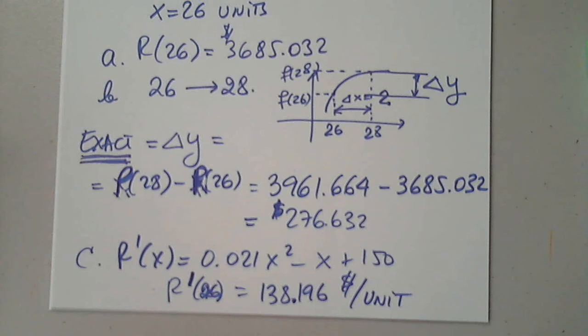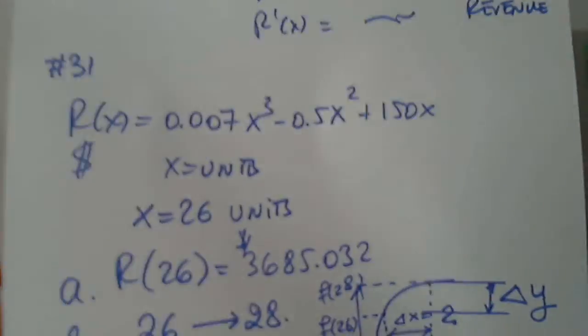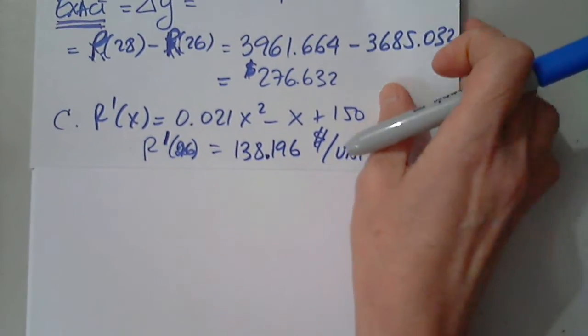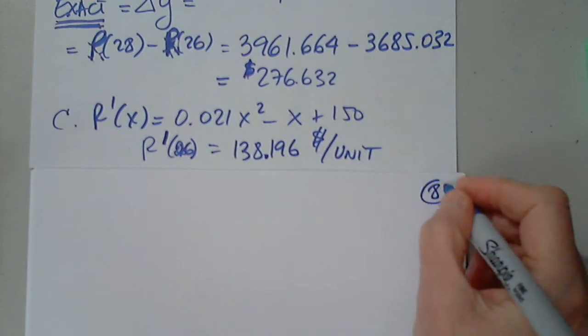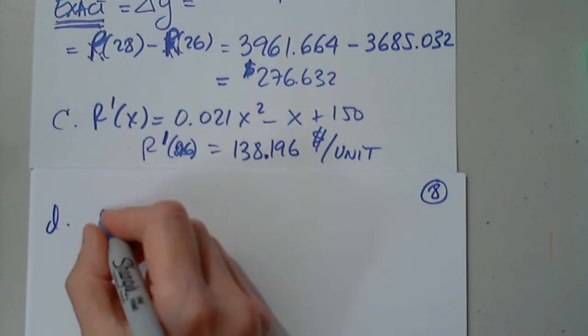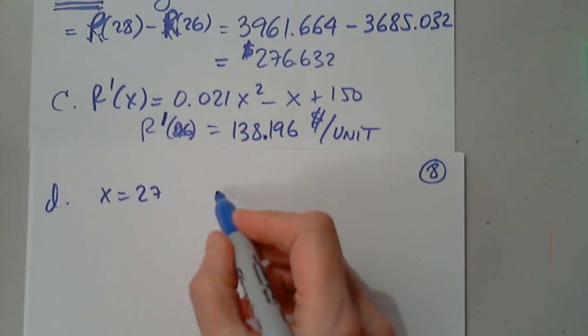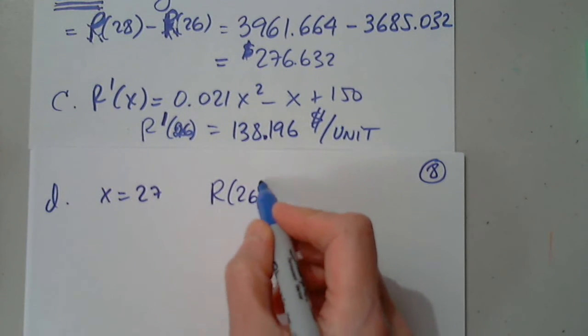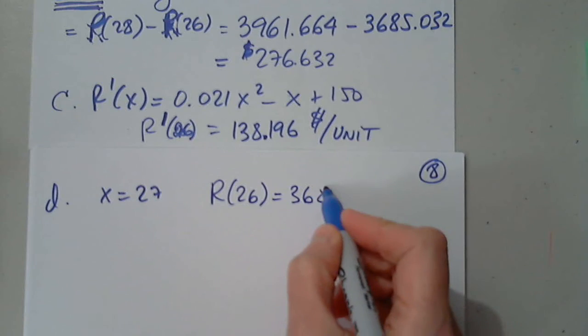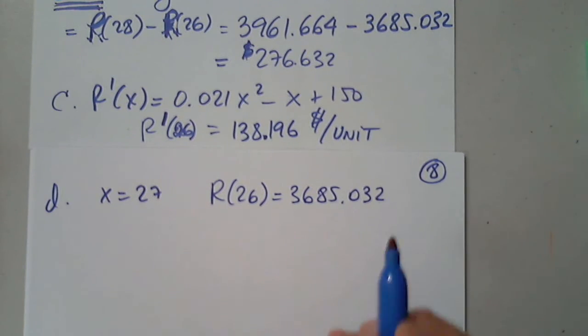Use the answers from part A and C to estimate the revenue resulting from selling 27 suitcases per week. Okay. So, remember we started with R of 26, which was 3685.032.